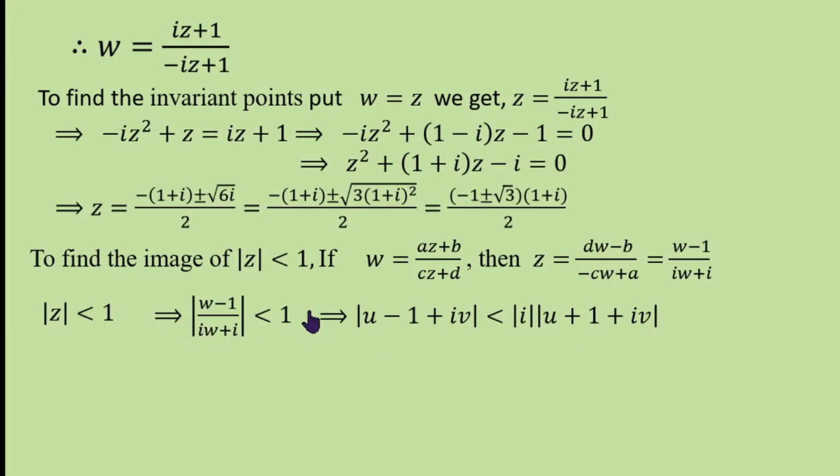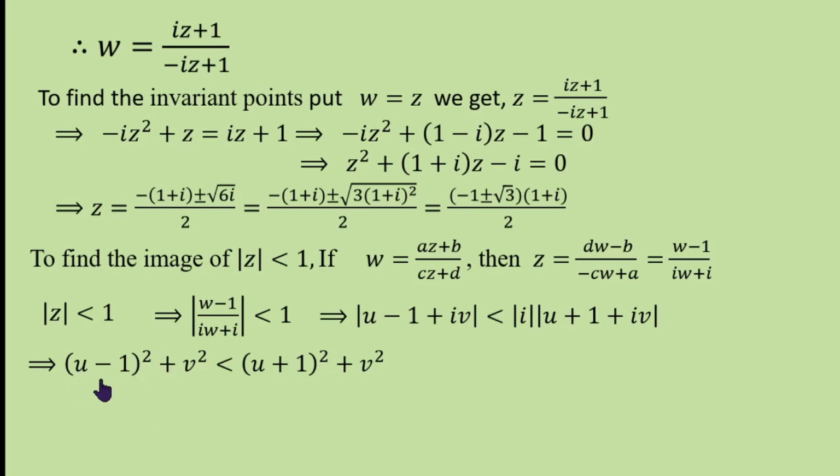So take this denominator to the right side. It is modulus of i into modulus of (u plus 1 plus iv). Now we know that modulus of a plus ib is square root of a square plus b square. Here a is u minus 1, b is v. Therefore, square both sides, you get (u minus 1) whole square plus v square less than modulus of i, which is 1, with real part u plus 1, its square plus v square.